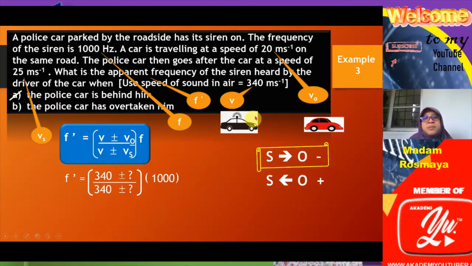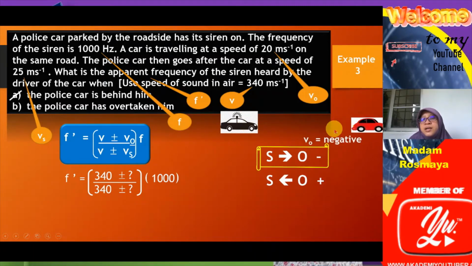The police car is behind the car, so the policeman is chasing this car. That means the car is moving away from the source. So the first one, O moving away from the source, means minus VO. So we substitute minus 20, since VO is 20.